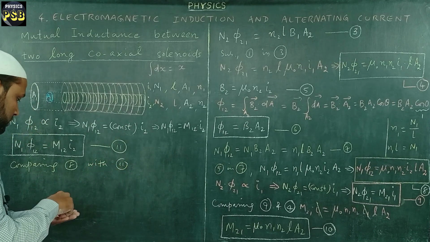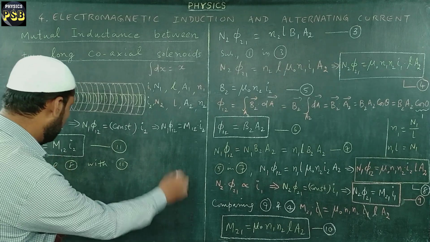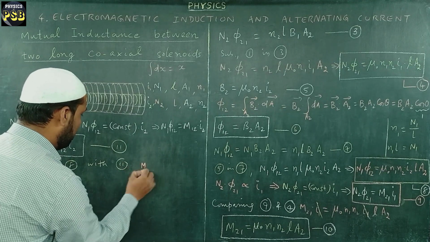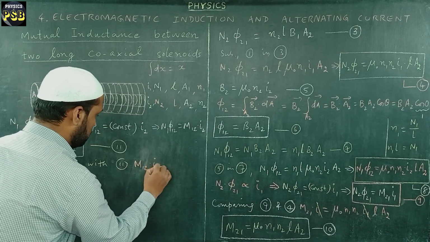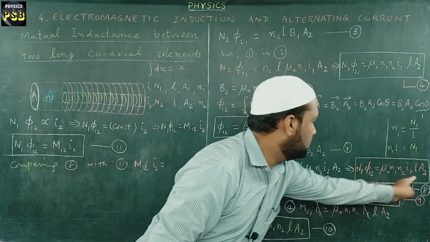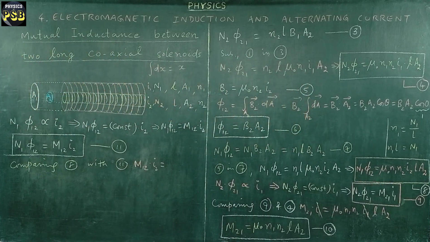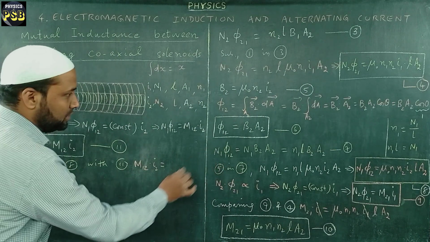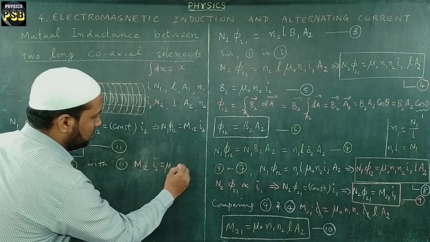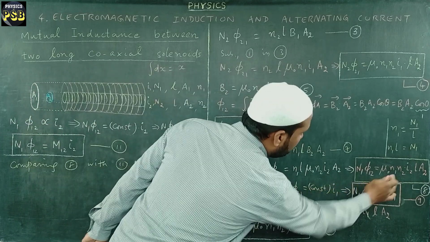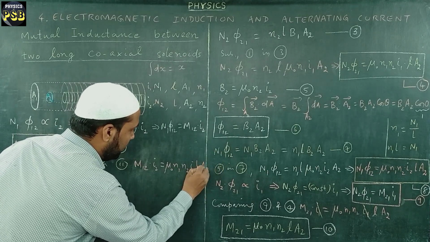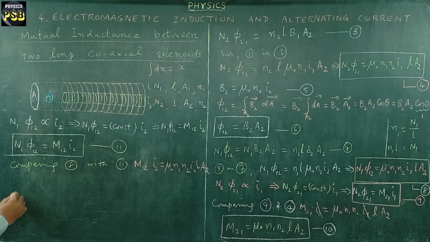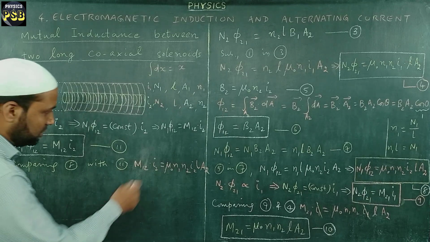So if I do so, I'll get this. Here M12 becomes equal to this present on the right side of equation number 8, that is mu naught N1 N2 I2 A2 upon L. Before doing so, see the common terms.